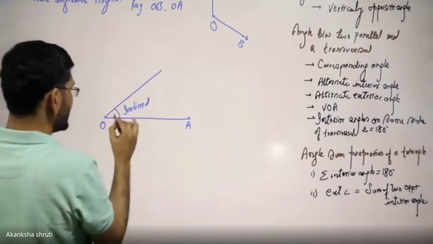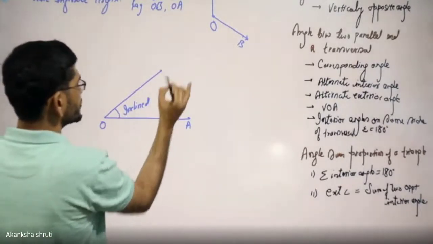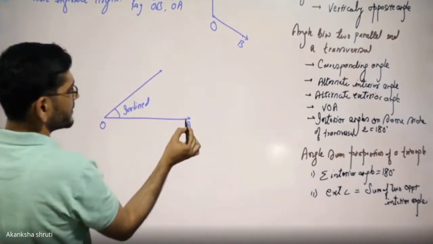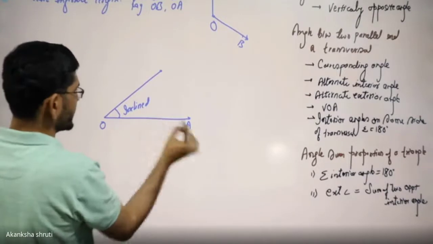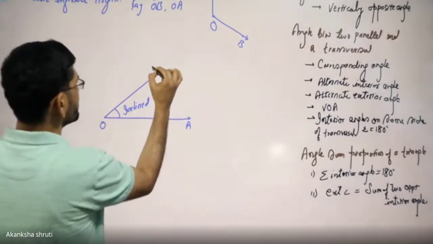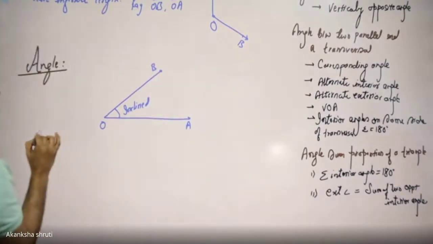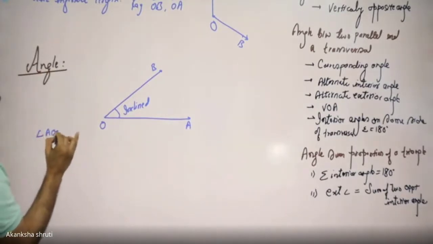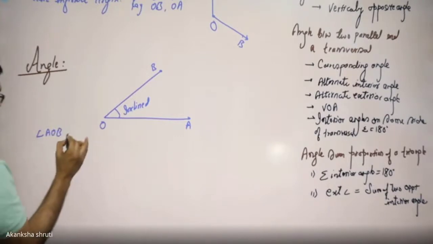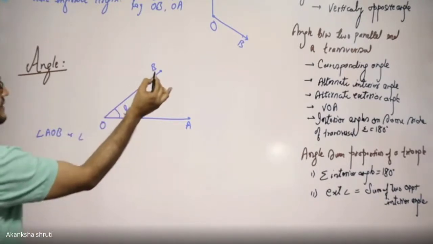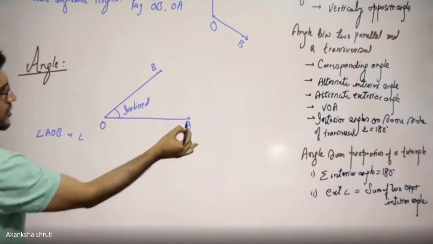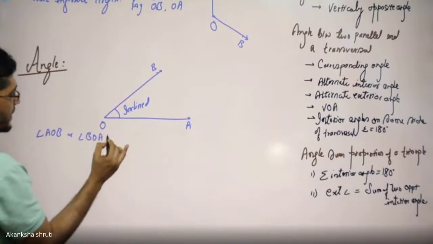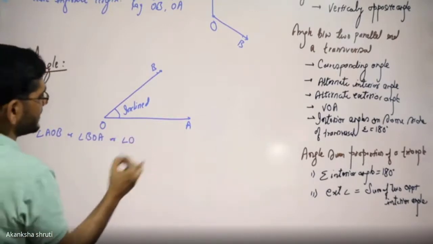This angle is denoted by considering three letters. Let us consider one ray OA, another ray OB. Then this is denoted as, this is the symbol of angle, angle AOB. Or this can also be named as, starting from B, coming to O, going to A, angle BOA, or simply angle O.